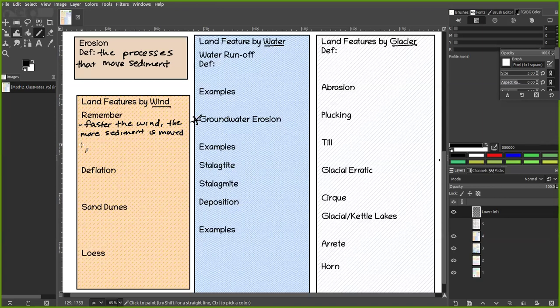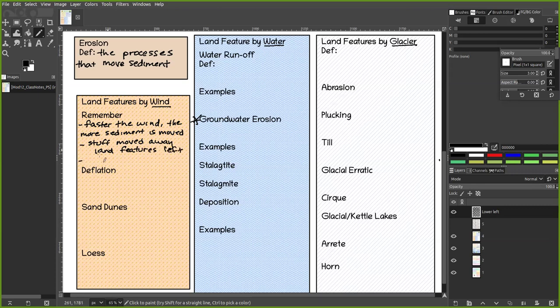And what happens is when you move the sediment away, land features are left behind. So I'm going to put stuff moved away. Land features are left behind.